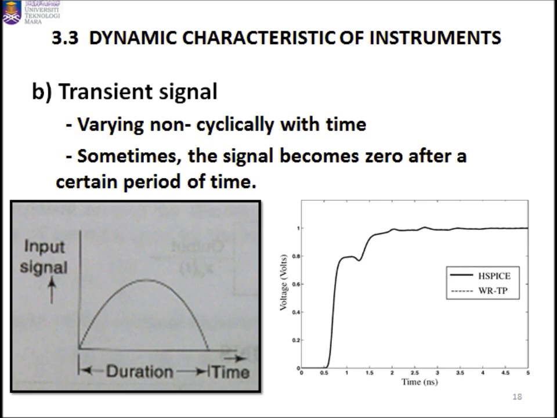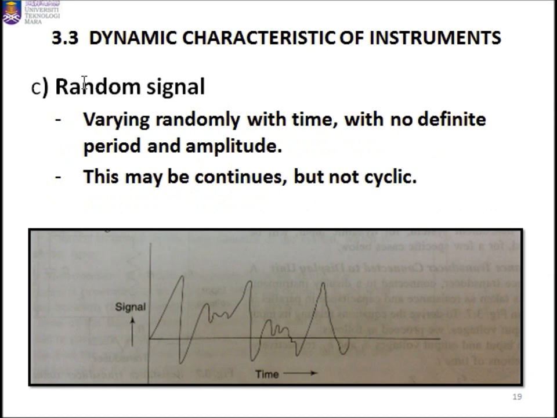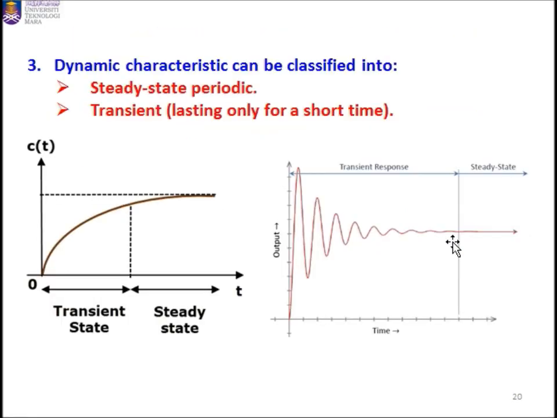Next, transient signal, varying non-cyclically with time. Sometimes the signal becomes zero after a certain period of time, like this. And then random signal, varying randomly with time, with no definite period and amplitude. This may be continuous but not cyclic.